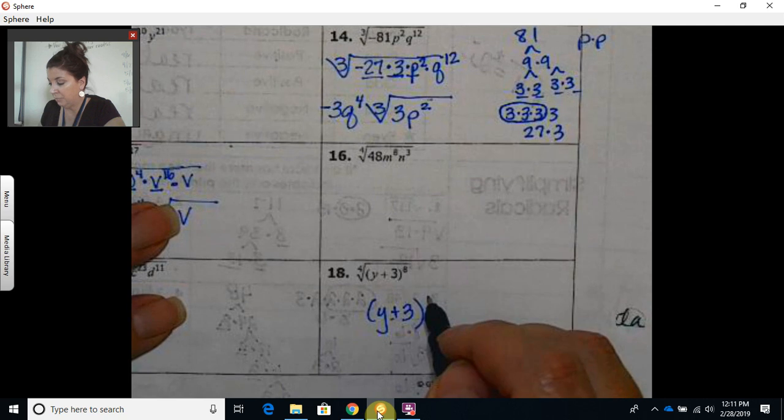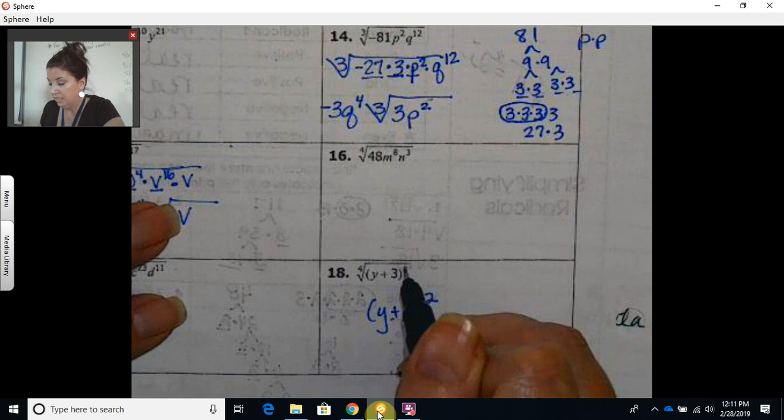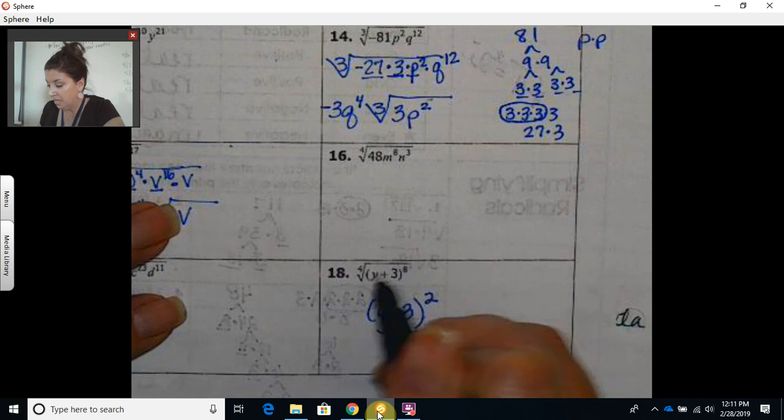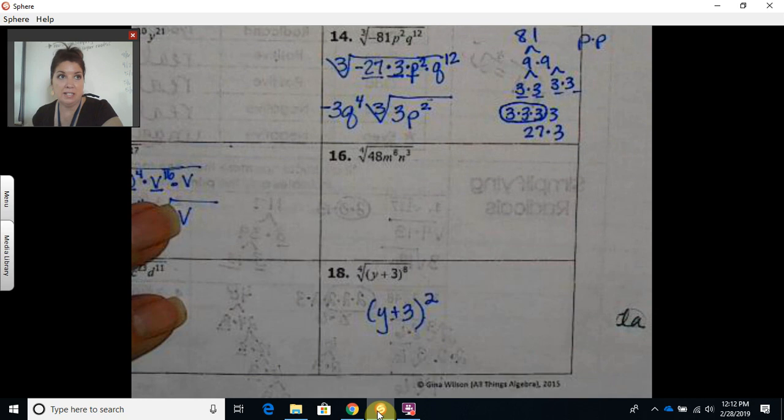Take the exponent, divide by the index. So the whole thing, y plus 3, was all being raised to the 8th power. So that's a perfect square because that was all together. So there's no radical in the answer there because everything under the radical was a perfect 4th.